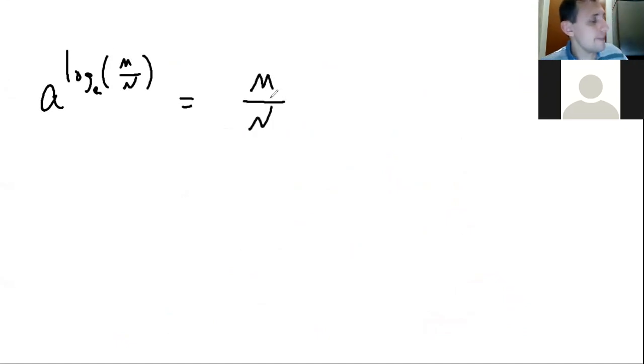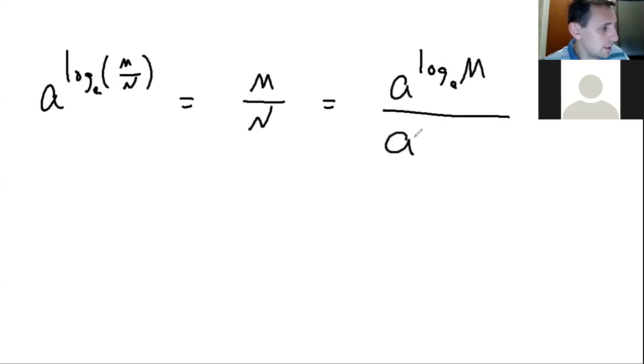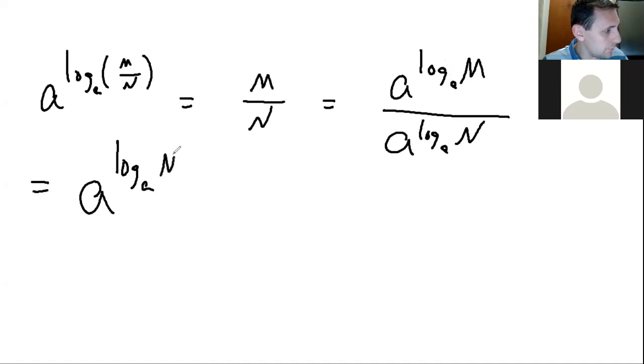This can be written as a to the power of log base a of m, the numerator, over a to the log base a of n, the denominator. And when I have a to one power divided by a to another power, that's a to the power of log base a of m minus log base a of n.